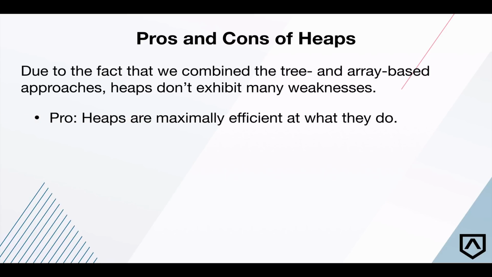So the first pro we're going to talk about with regards to heaps is that heaps are maximally efficient at what they do. You're pretty much not going to have any other data structure that is able to fetch a priority element faster than a heap is able to do it.